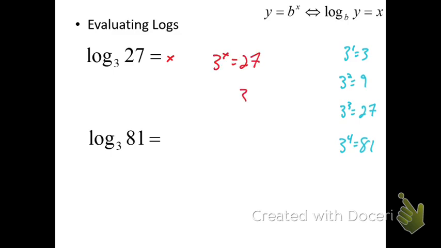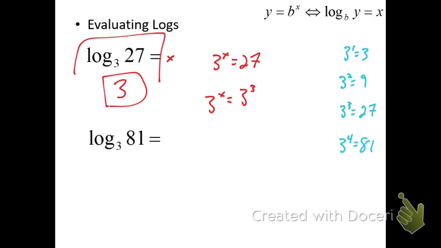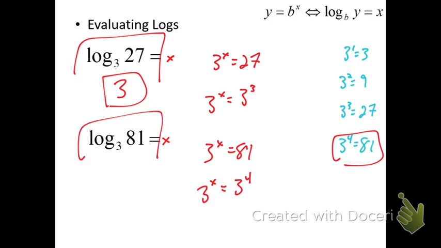Well, since 27 is 3 to the third, then hey, I know that this right here is 3. That's your answer. And for the next one, 3 to the x is equal to 81. Well, 81 is the same thing as 3 to the fourth. So then here, what does this have to equal? It has to equal 4. All right.